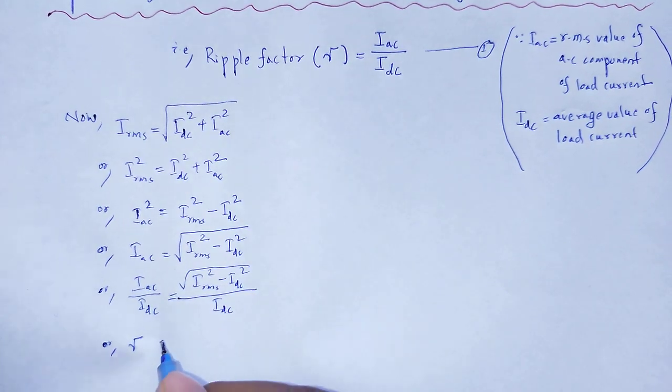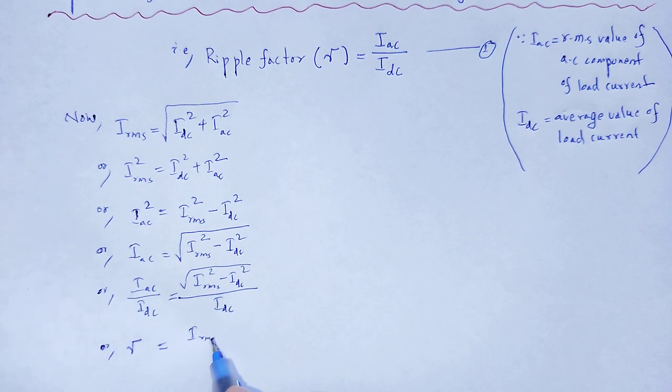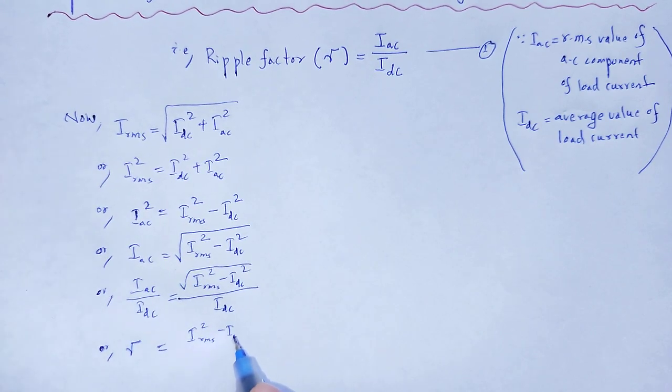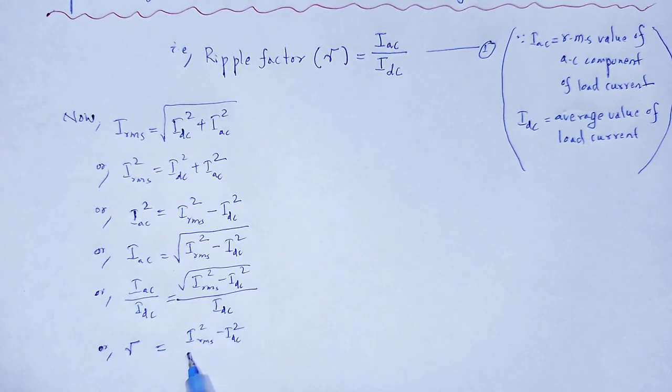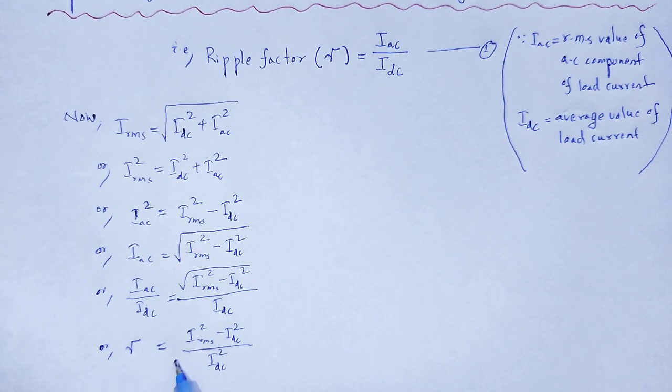Gamma is equal to the square root of I RMS square minus I DC square, divided by I DC square.